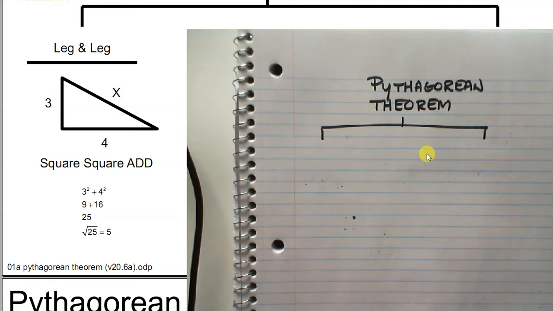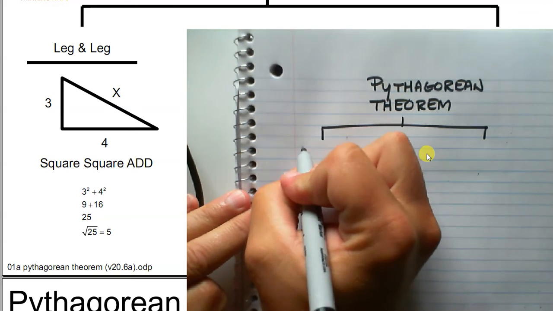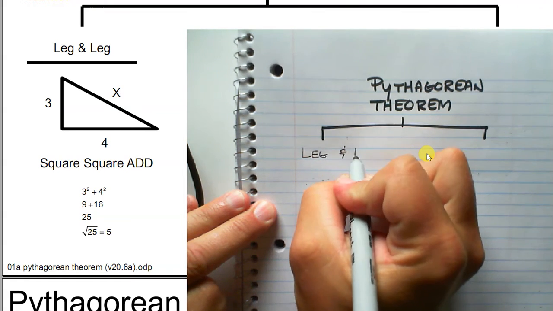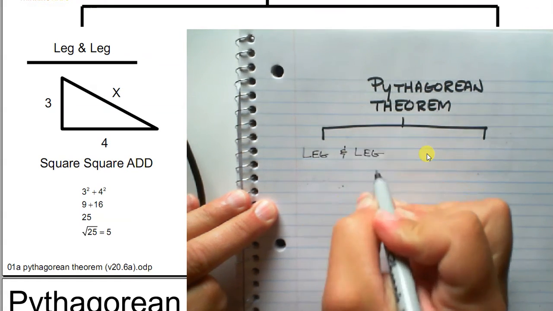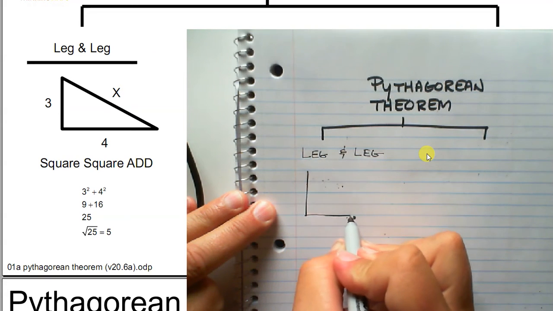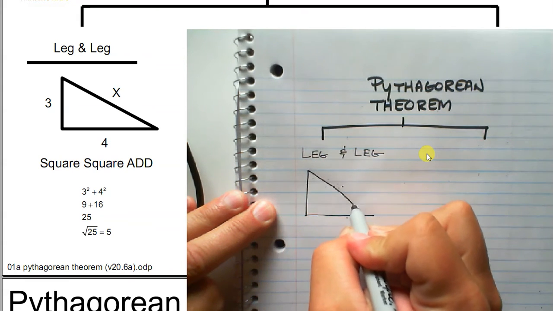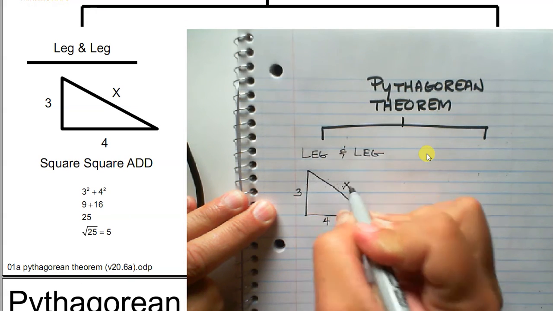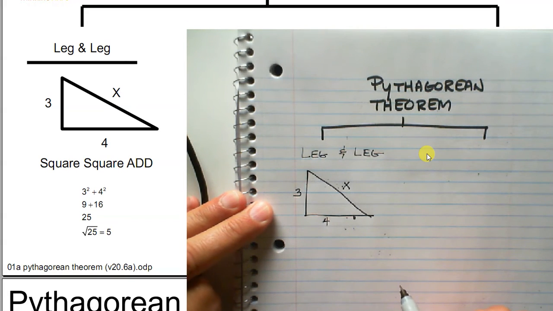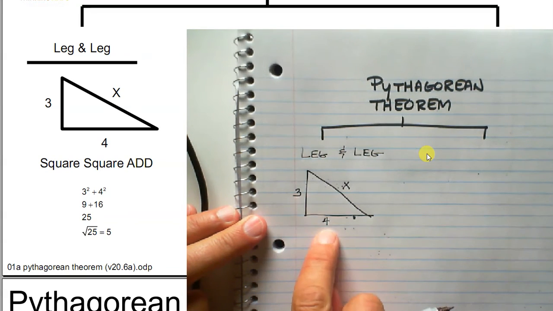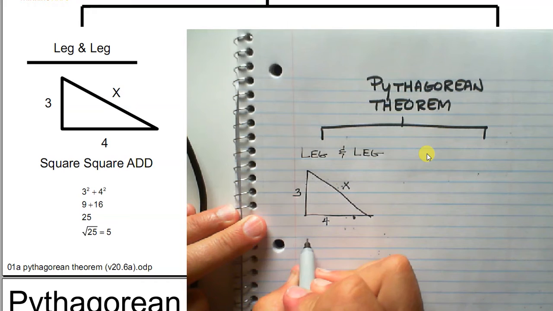Let's start with if we have a leg and a leg. If I have a leg and a leg, this is what I would have. What I'm going to do is I call this square, square, add. I square this number and I square this number and I add them together. So square, square, add.